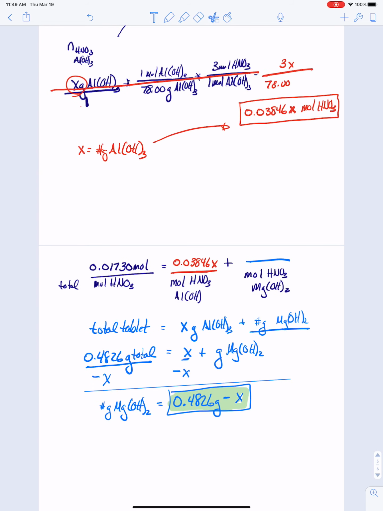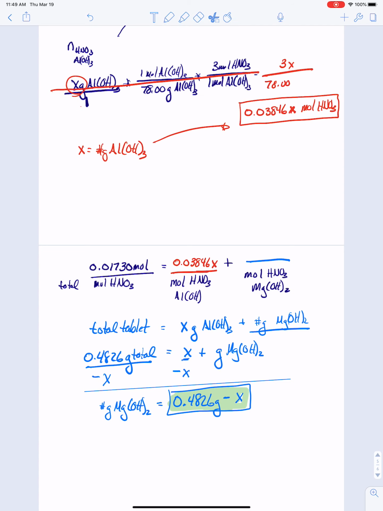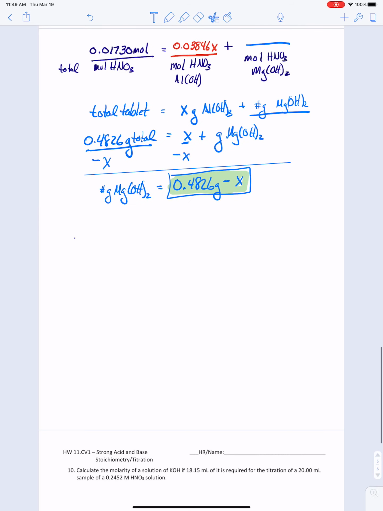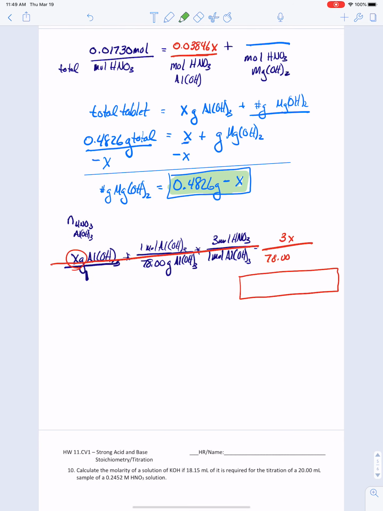So what we did up here to find out the number of moles, we'll just copy it over. What we did up there to find this, we can do the same thing to find out how many moles of nitric acid was used for the magnesium hydroxide. So we would just have to make some changes, right?